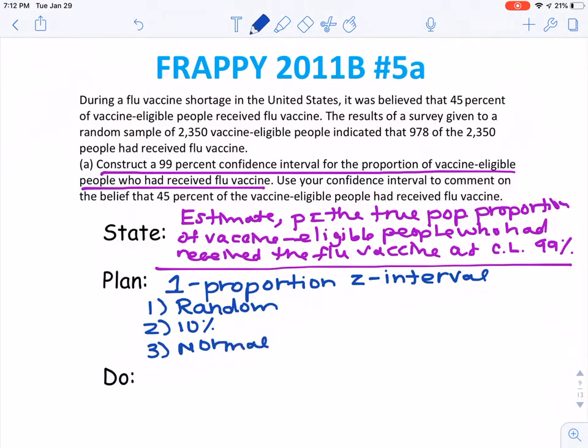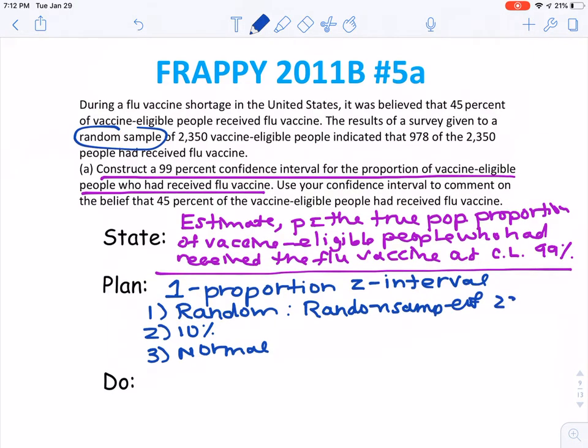Okay, so I'm going to look back through here. Here they mentioned that there was a random sample of 2,350 people. Okay, so that checks that off. Okay, 10%. We're going to say 10 times the number in the sample, which was 2,350 people.